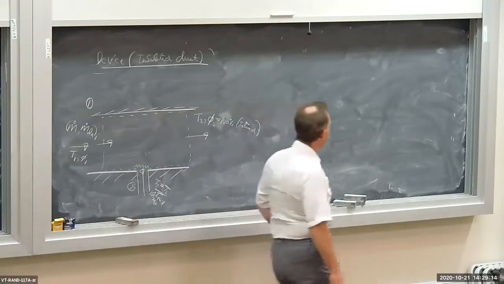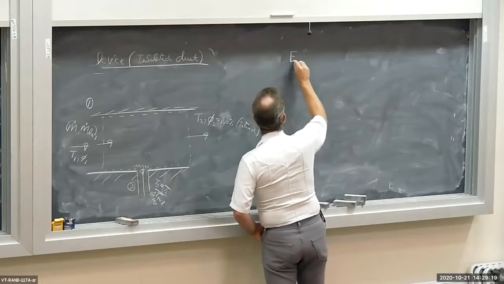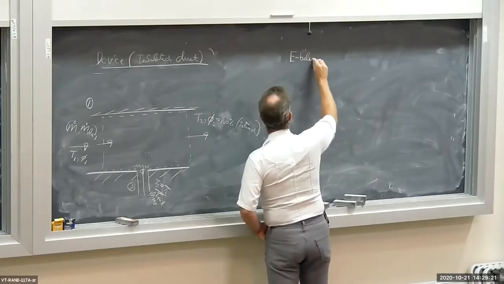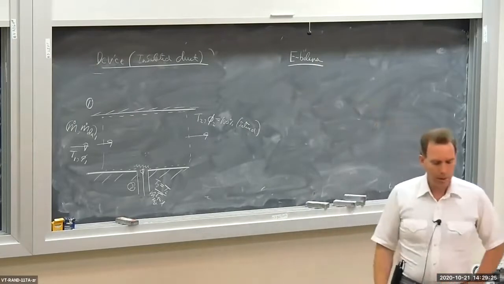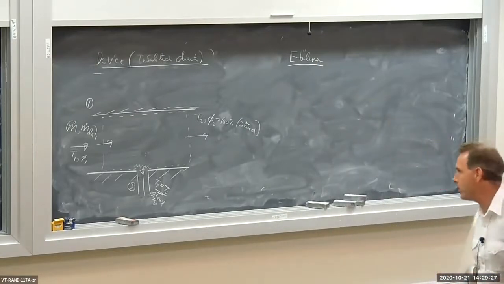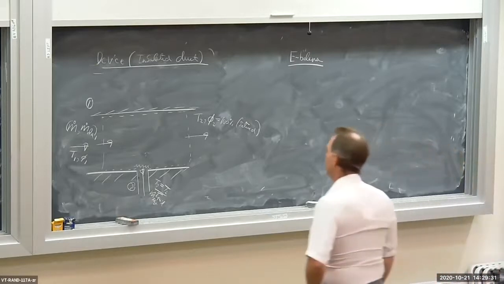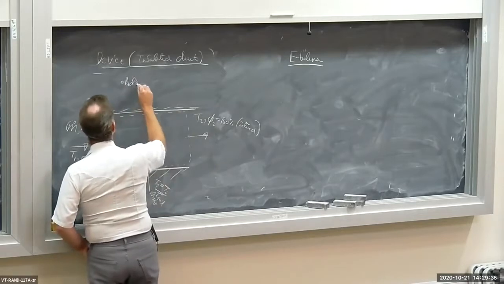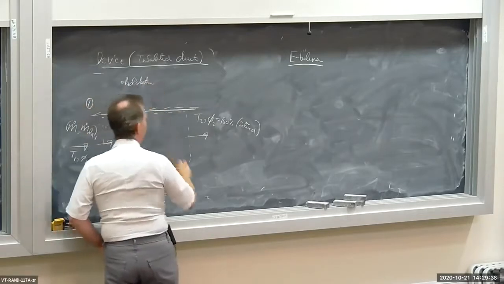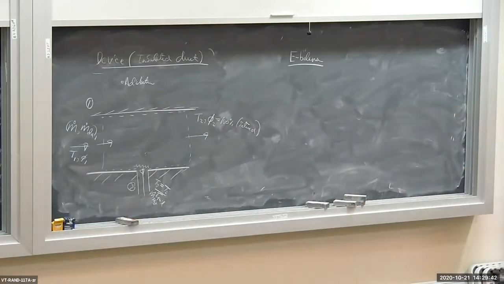Now, let's apply the energy balance to this problem. Okay? So clearly, there's no heat transfer going on because it's adiabatic. It's insulated. So note, this is adiabatic. There's no work going on.